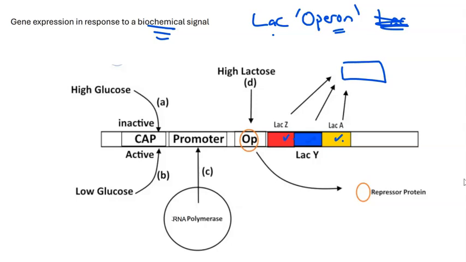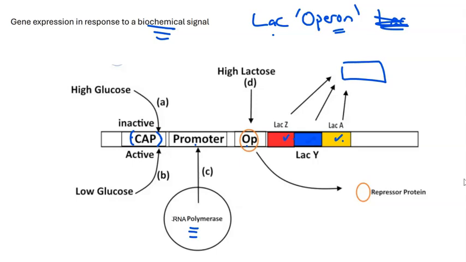So if we just go through the mechanism, we've got the three genes, we have an operator region here, we have the promoter region here, to which the RNA polymerase will attach, and then upstream of that again there's a so-called CAP region.